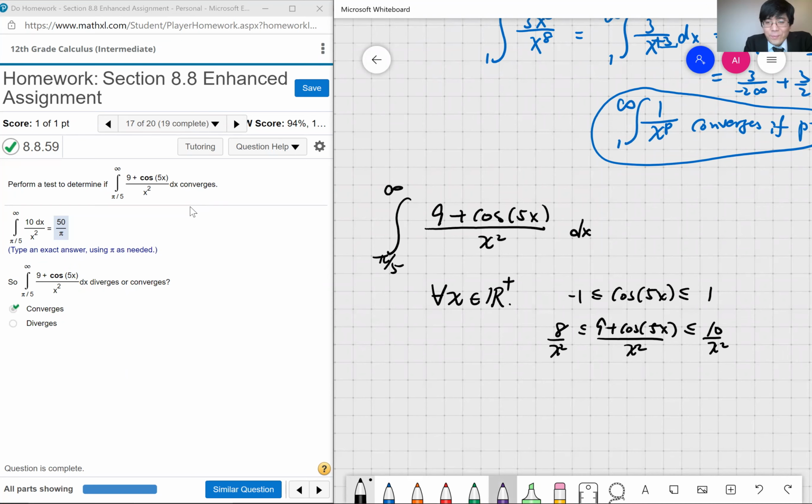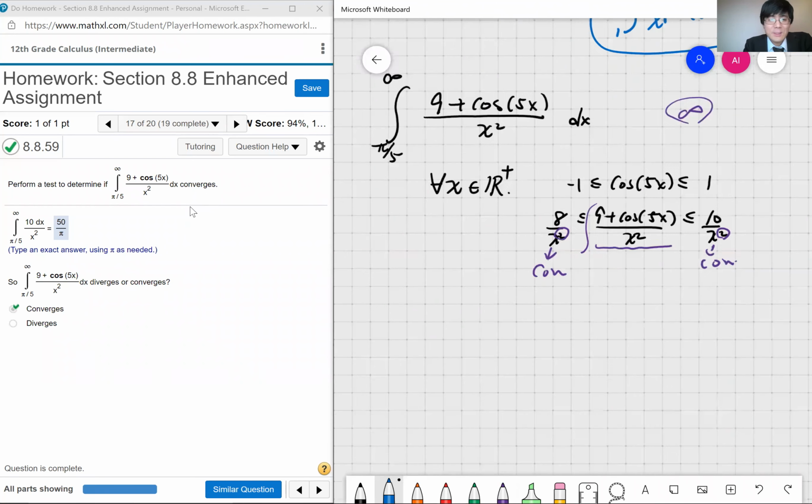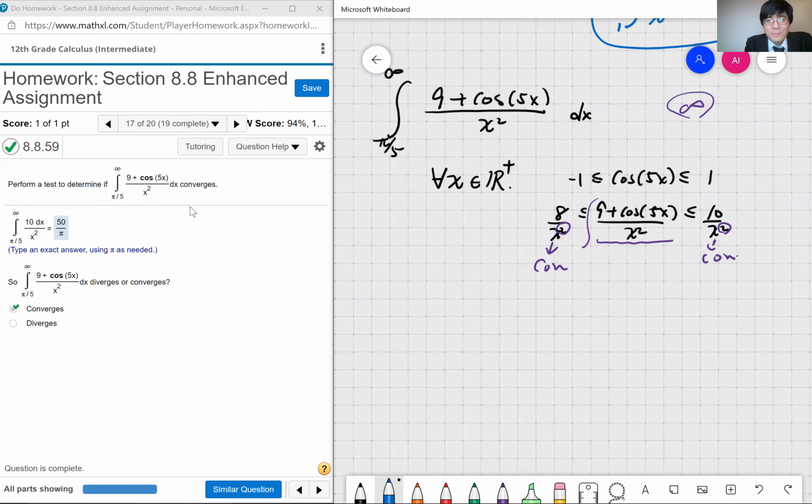So this is clearly a positive value when you integrate it. And we want to show that it is not going to infinity. And yeah, so this goes to a finite value by P series with P equal to 2. And this is also a P series with P equal to 2. So this converges and this converges. So the integral of this one should converge to something.